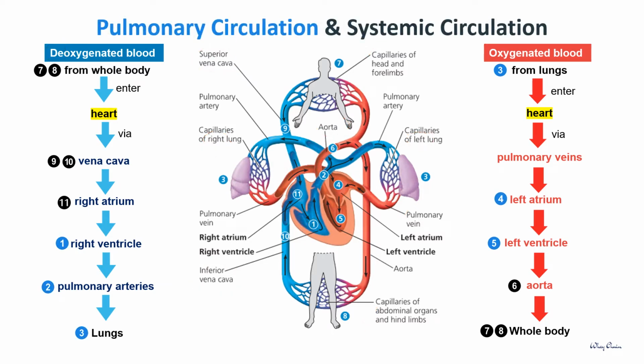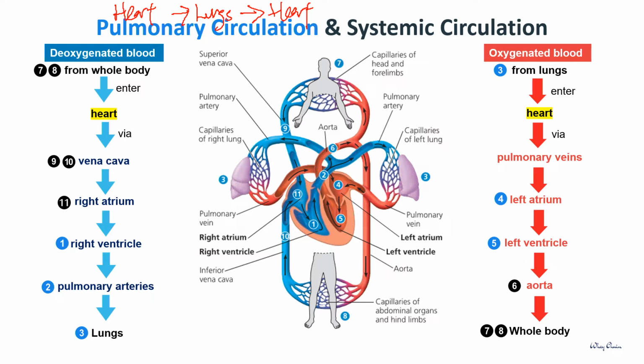The mammalian circulation, which includes the human circulation, consists of two circuits. First is pulmonary circulation, which includes the blood transported from the heart to the lungs and transported back to the heart, which is from number 1 until number 5.